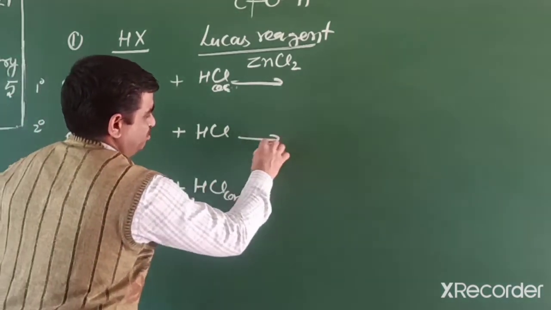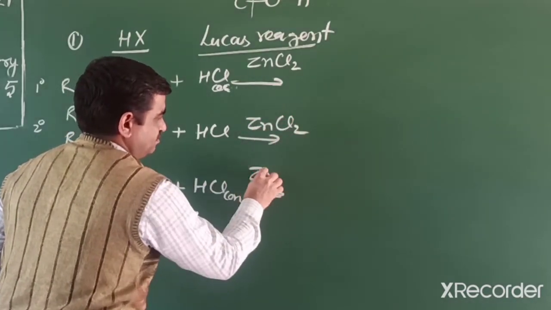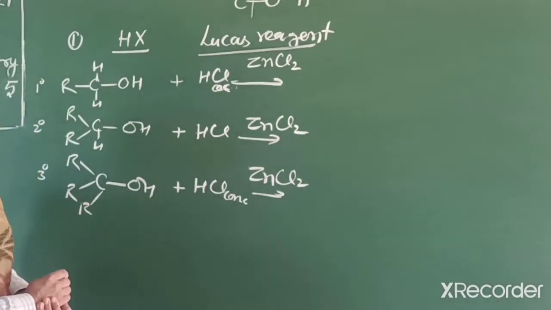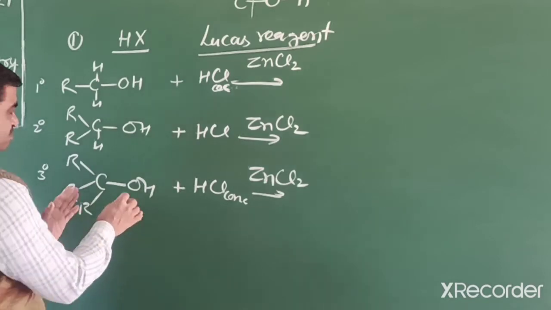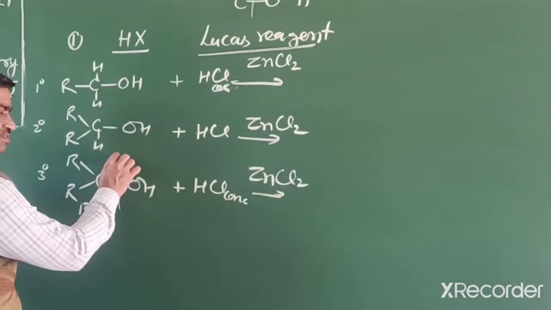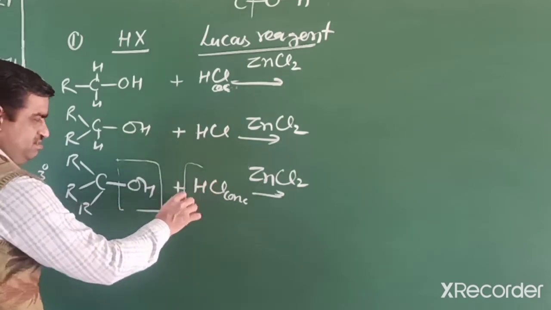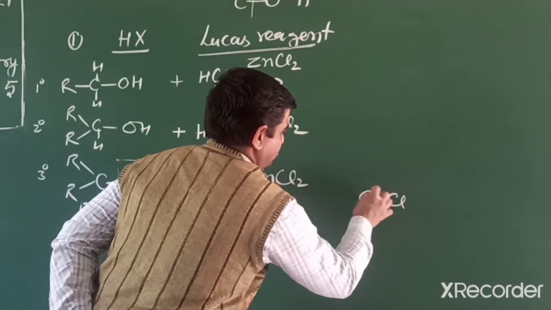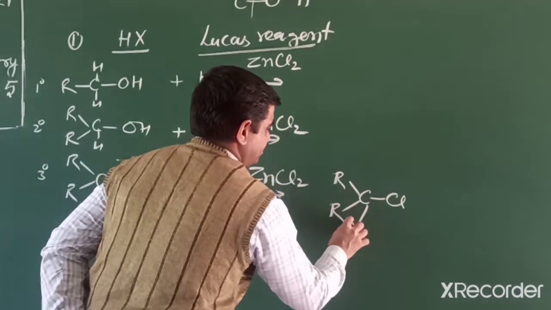In the presence of Lucas reagent, if the alcohol is tertiary, we get the product immediately, and we find turbidity in the reaction, which means the OH bond dissociates, and HCl easily gives the product, chloride, immediately.